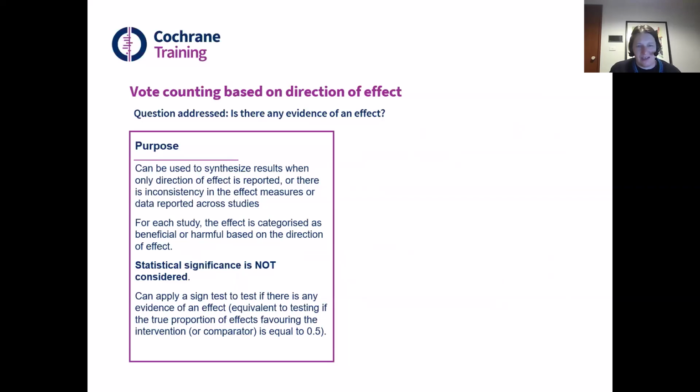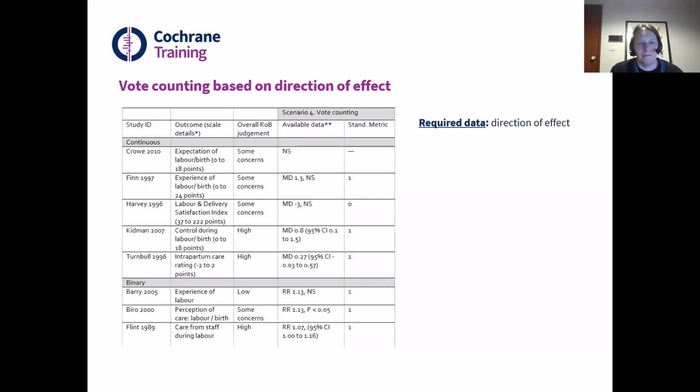And for each study, the effect is categorized as either beneficial or harmful just based on the direction of effect. Statistical significance is not considered in this. I will come back to that. And what we can do is we can apply a sign test to test if there's any evidence of an effect, which is equivalent to testing if the true proportion of effects favoring the intervention or favoring the comparator is equal to 0.5.